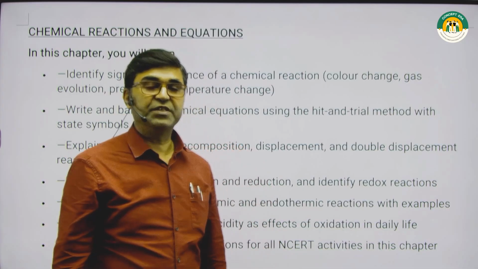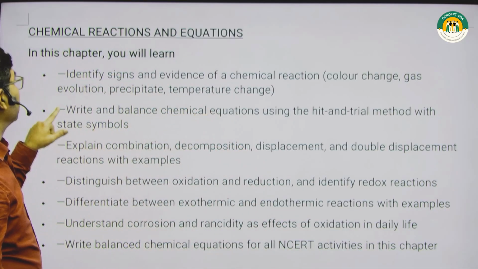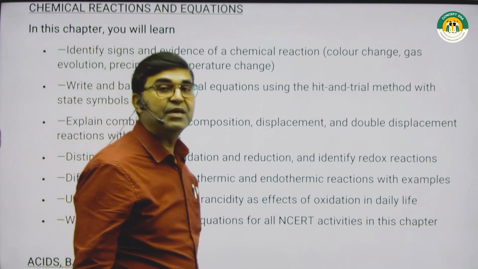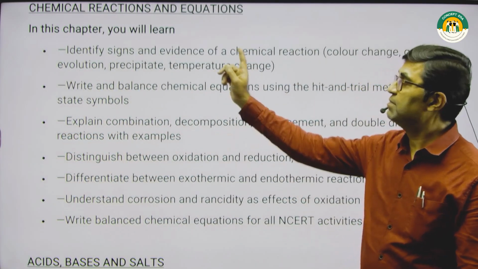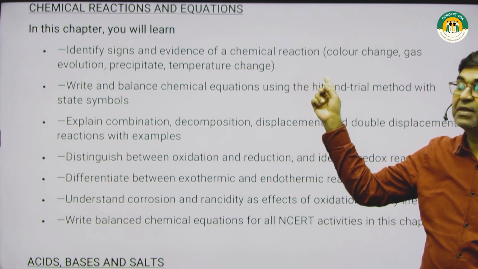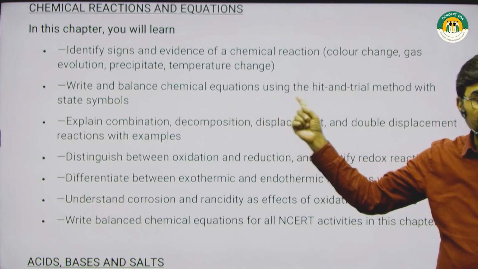Now for the final revision, let's start with the part of chemistry. In the chemistry section, the first chapter, chemical reactions and equations, you must be able to tell the conditions when the reaction takes place. You must be able to write and balance a chemical equation.